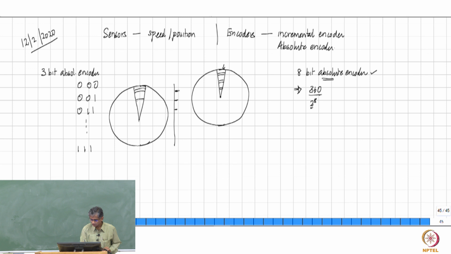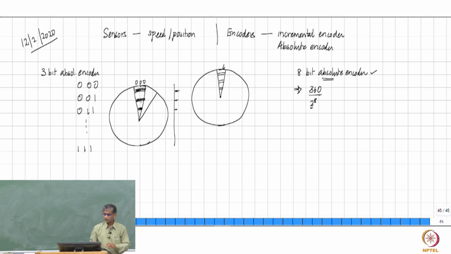Similarly, in the region here, you either have a slot or you don't, and similarly here. Therefore, in the sector adjacent one, if this angle is going to represent 0, 0, 0, then it means that you will not have a slot here, no slot here, and no slot here.